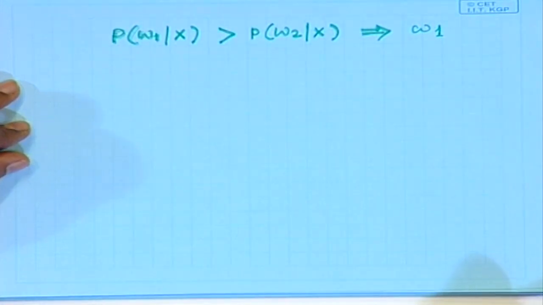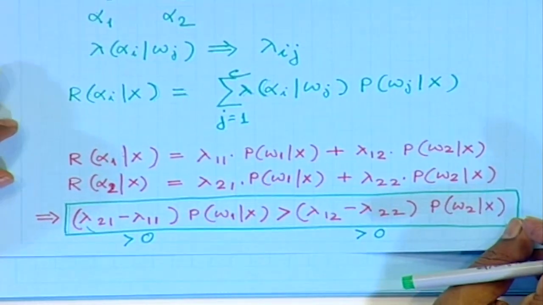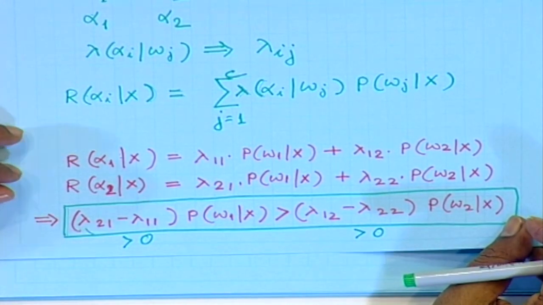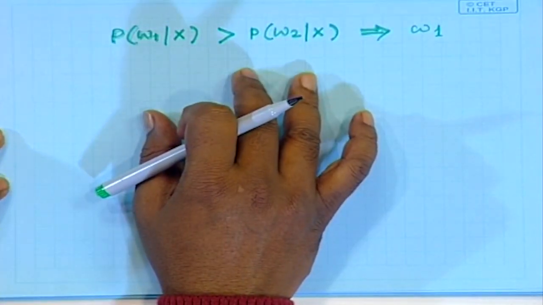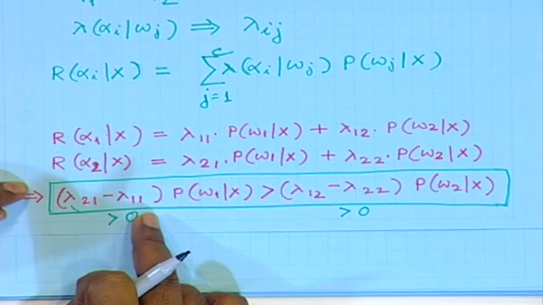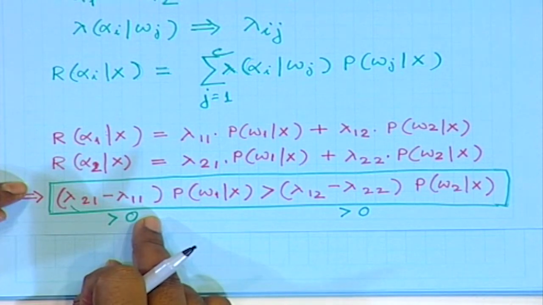Okay. Now, in the case of this generalized one, by incorporating the risk function, that is, in the minimum risk classifier, what we have to do is this decision rule that we had taken in the simple Bayes decision has to be weighted by the loss difference, because this lambda 2 1 minus lambda 1 1 is nothing but a loss difference for taking a wrong decision and for taking the correct decision.